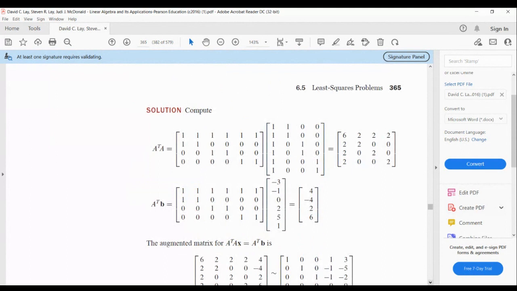All we're going to do then is, in the solution, set up the normal equations. We're going to compute A transpose A and A transpose B. Okay.